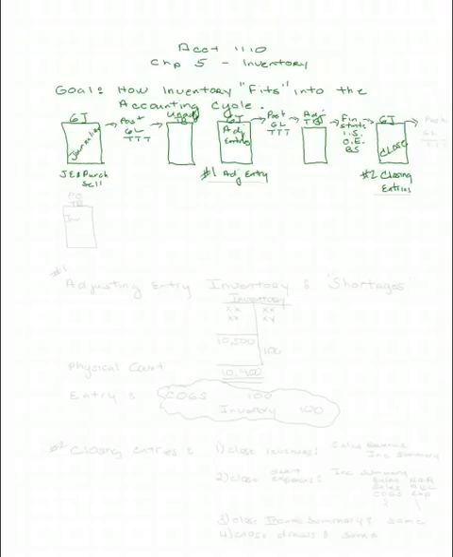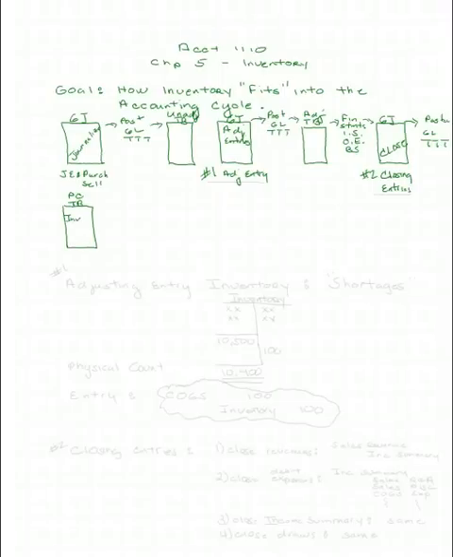Closing entries are, of course, posted when they're made, as all entries are, into the general ledger. And from that, you total the accounts and prepare a post-closing trial balance. The only difference on that is you're going to have an inventory account now.